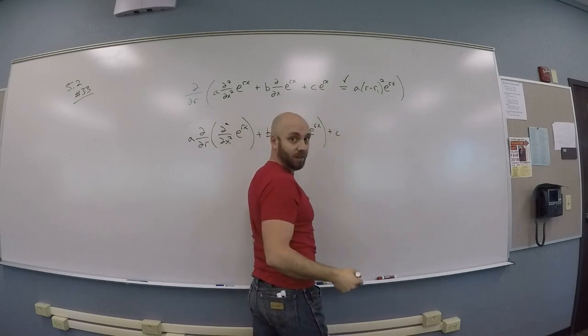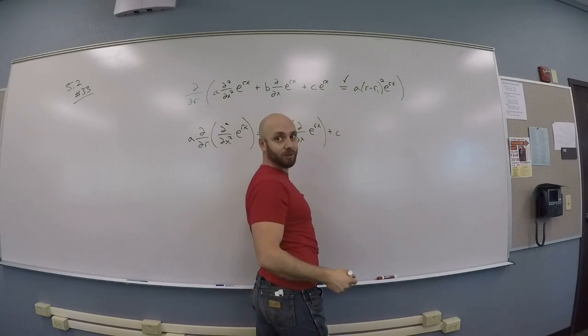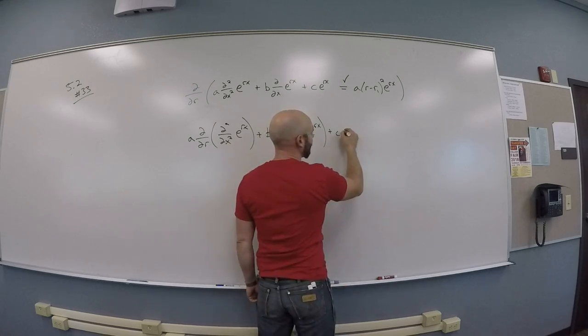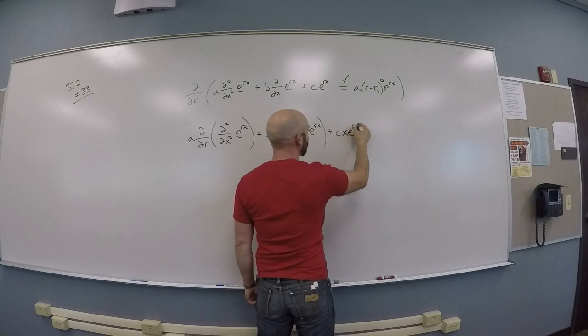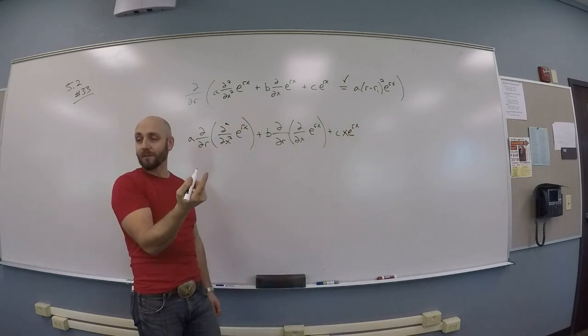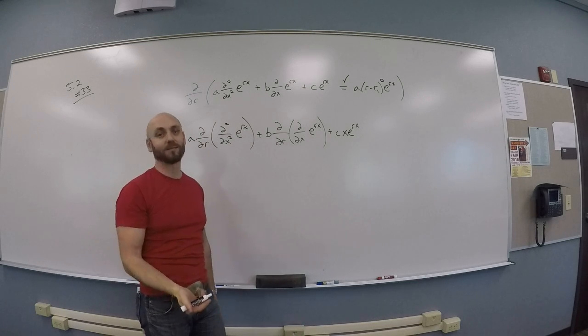You're differentiating with respect to what? r. And so this kicks down an x e to the rx. Right, you get e to the stuff times the derivative with respect to r of the stuff.